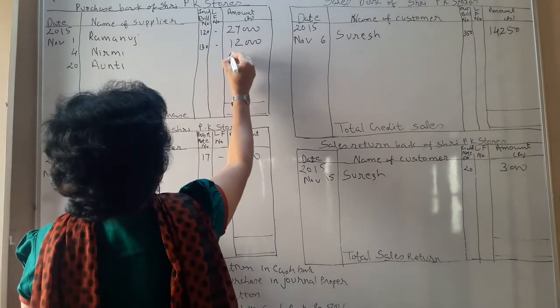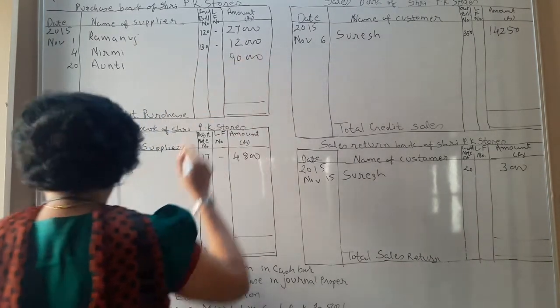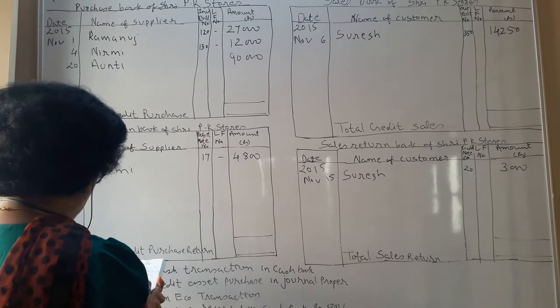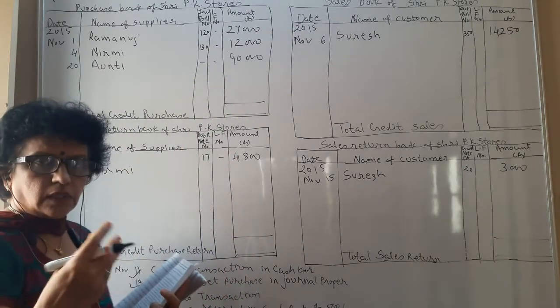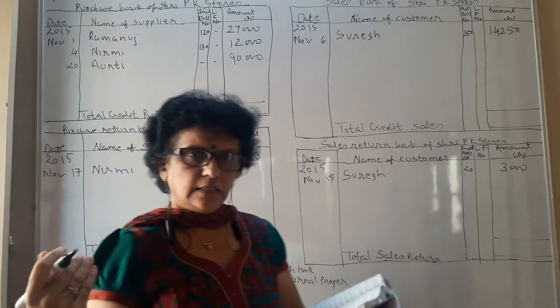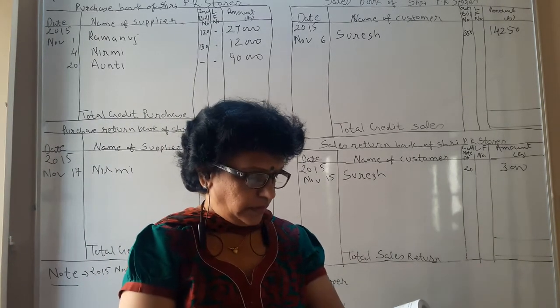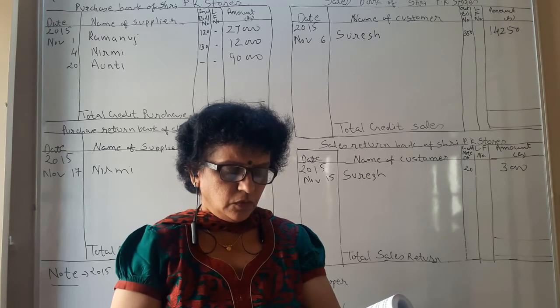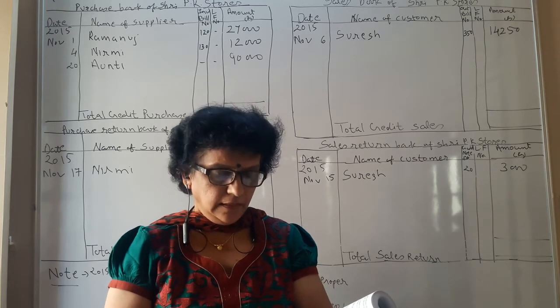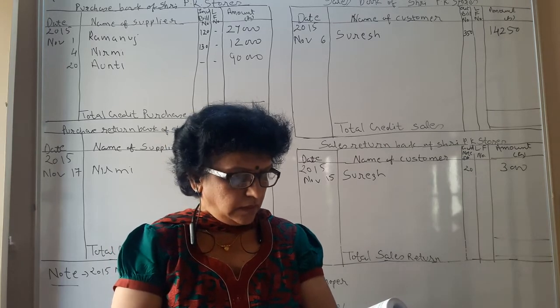There is no discount, nothing is mentioned, so the figure remains the same. And here half amount is said, that will go directly into the cash book, the half amount transaction here is not to be recorded.